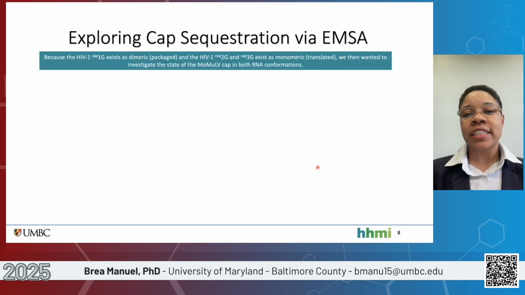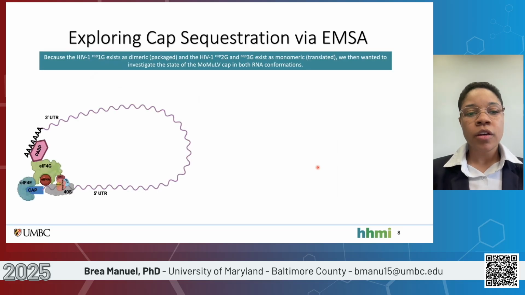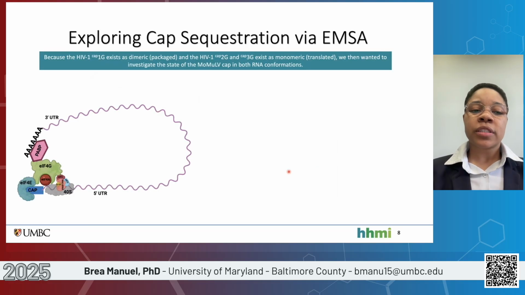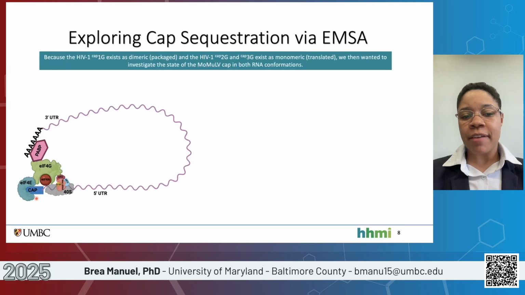Next, we wanted to explore the state of the cap in the two different conformations. Because the HIV-1 cap1G exists as a dimer and is packaged, and the HIV-1 cap2G and 3G exists as a monomer and is translated, we want to investigate these two different conformations in our MLV RNA. To study this, we use eIF4E, the eukaryotic initiation factor 4E, which we know binds the 5' cap in messenger RNAs.